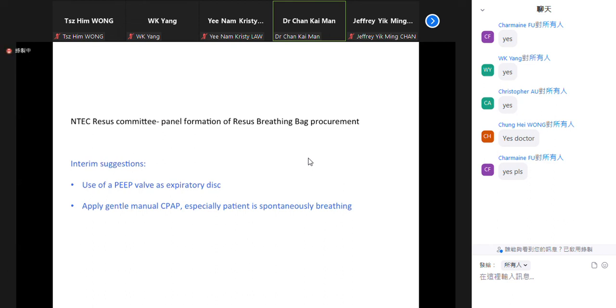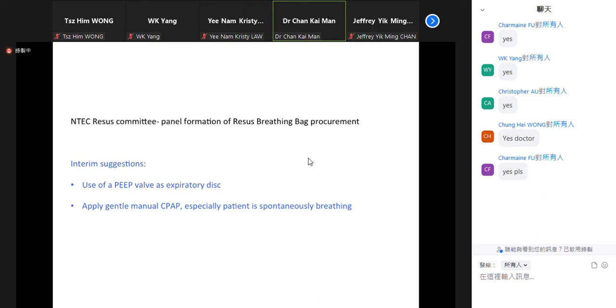Indeed, the NTEC Resuscitation Committee has formed a panel, and they're looking into procuring different models of resuscitation breathing bag because of this shortcoming of this model. But in the meanwhile, there are some interim suggestions from the Resus Committee.